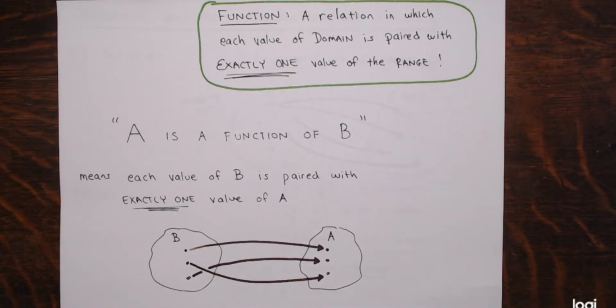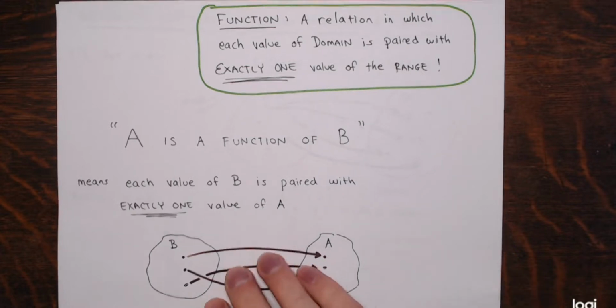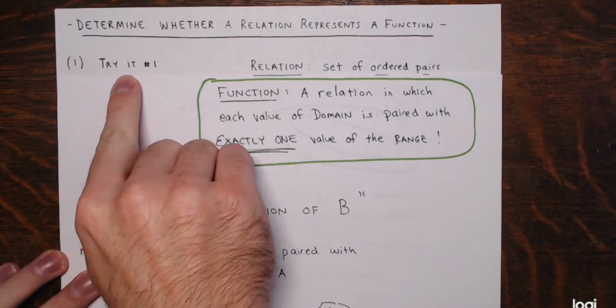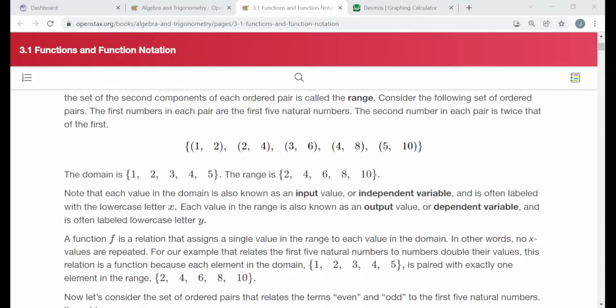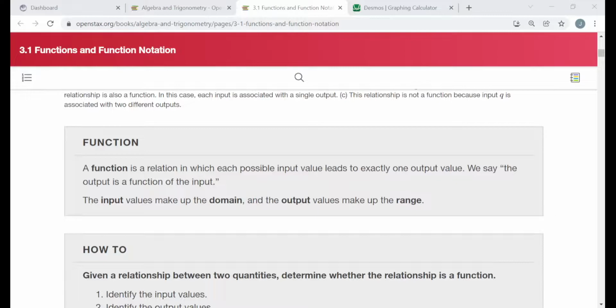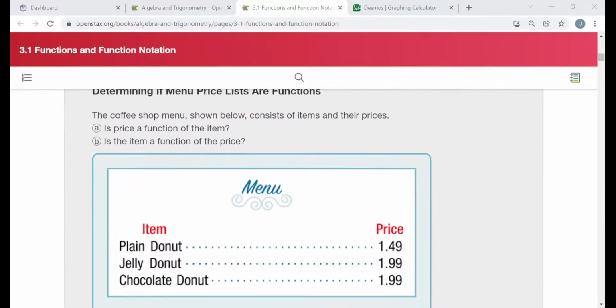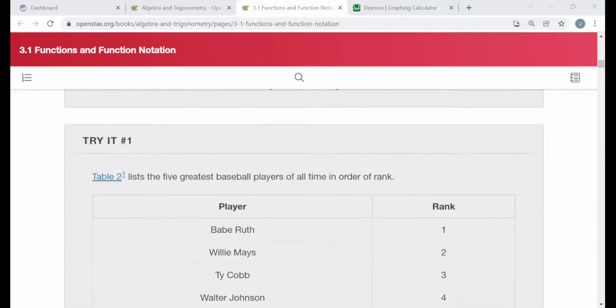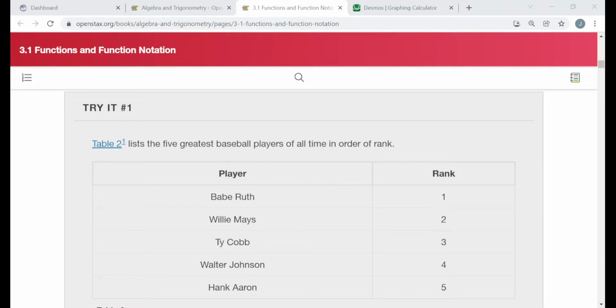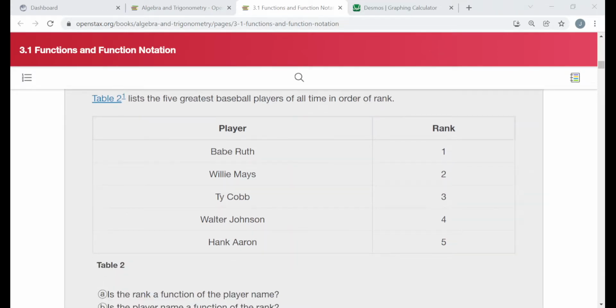Like in try it problem number 1. So that's my first example here, try it number 1. Back in the reading, I'm expecting that you read through this and look at the examples as well. So here's try it number 1. It says Table 2 lists the 5 greatest baseball players of all time in order of rank. Now, of course, this is subjective.